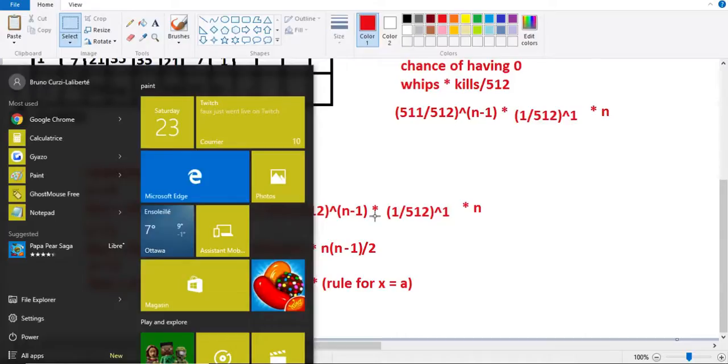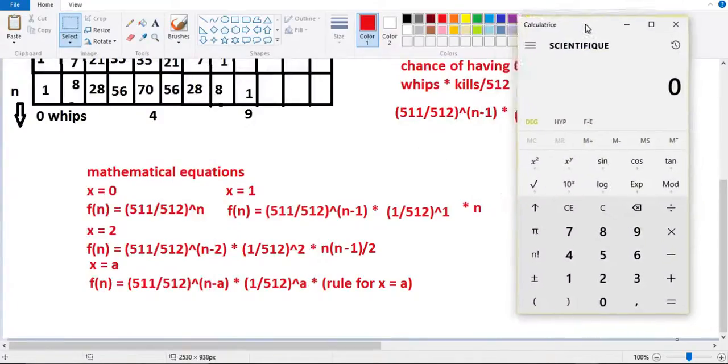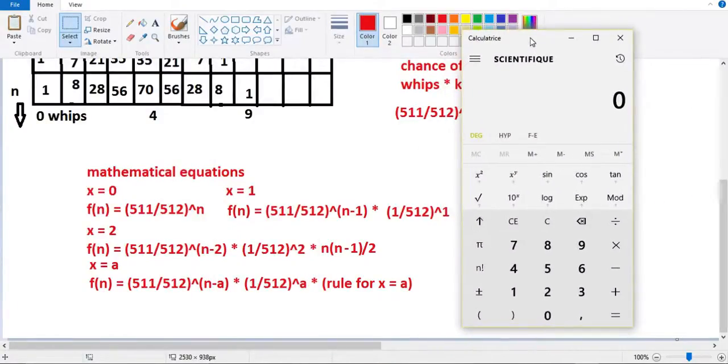Let's just do the rule, the probability of only having 2 whips in 2,000 kills. Oh my god.